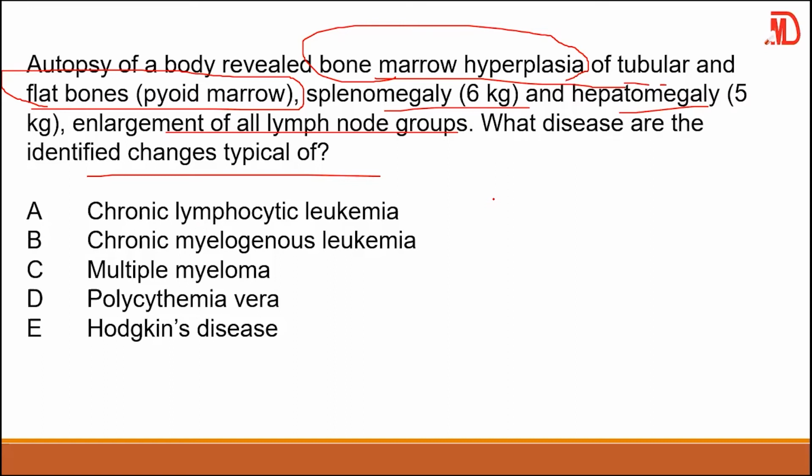So over here, the main clue that is helping you with your diagnosis is the fact that we are having this hyperplasia occurring in flat bones. And this is typical for myelogenous leukemia. Again, this is typical for myelogenous leukemia.